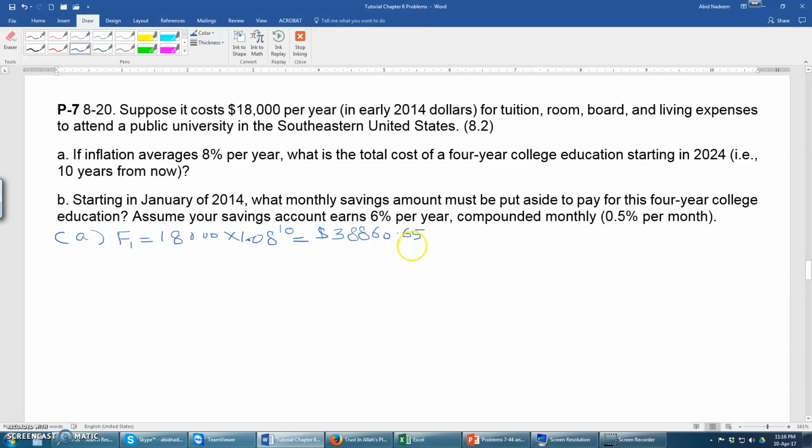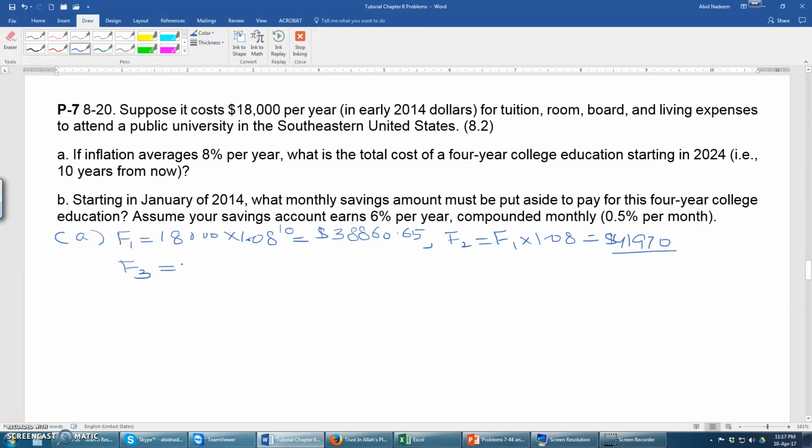This value will be further increased by 8%, so that will be F2. If you take the F1 value and multiply by 1.08, then you will get $41,969.6, so I take it $41,970.